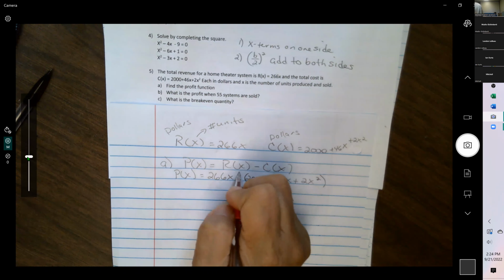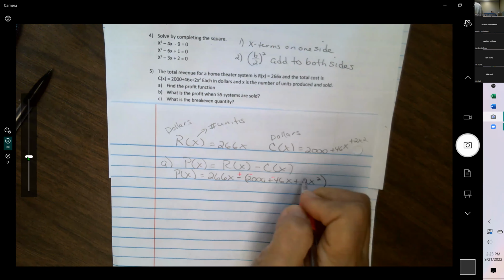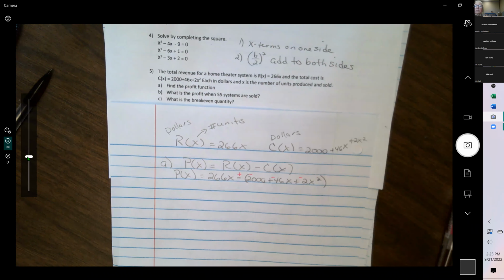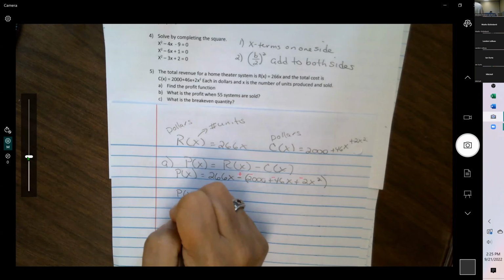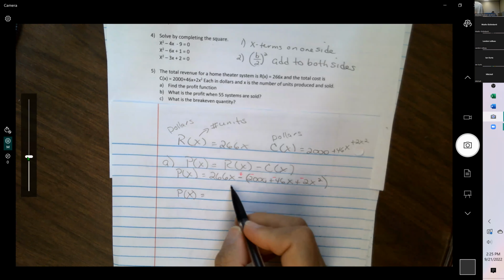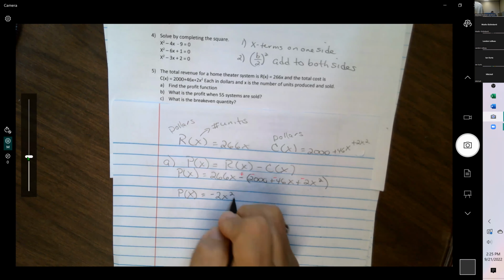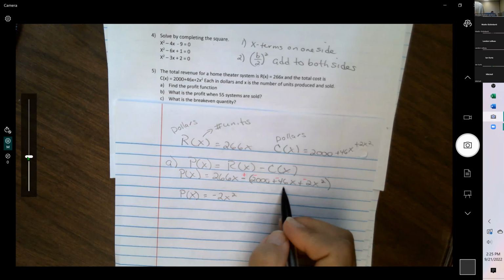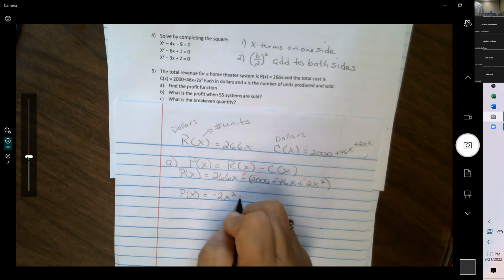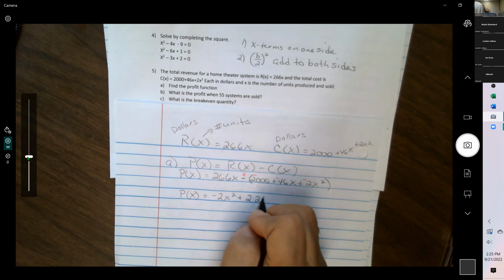So we would make this a positive and then change all our signs. So, oh wait, X squared. I'll put the X squared first. I'm going to put them in order. So -2x squared. And then 266 minus 46 is a positive 220x.